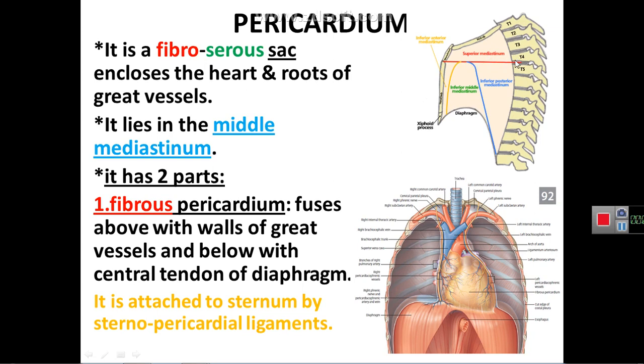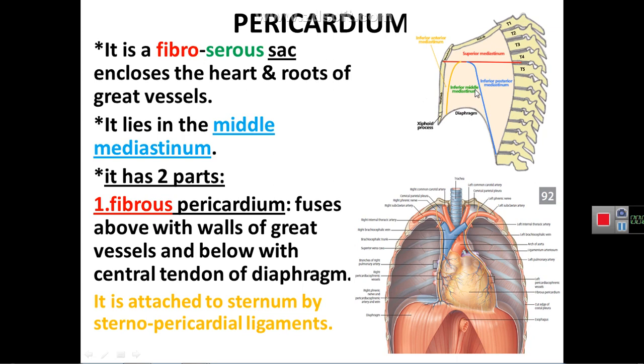This imaginary line divides the cavity of the mediastinum, which contains all these structures, trachea, esophagus, heart and great vessels, into a part above this imaginary line, which is called superior mediastinum, and a larger part below this imaginary line, which is called the inferior mediastinum.